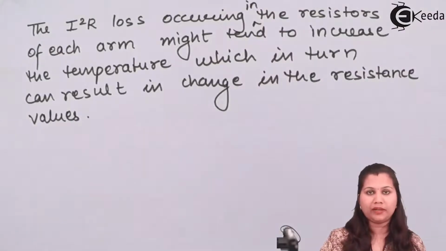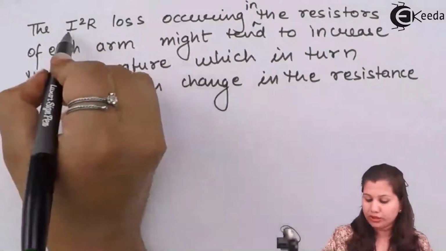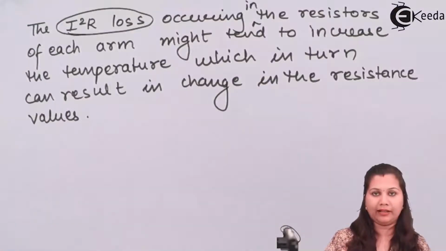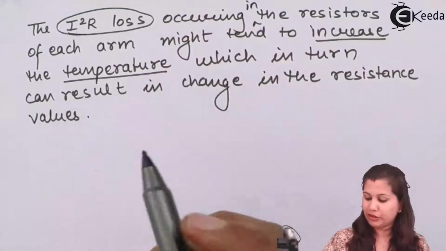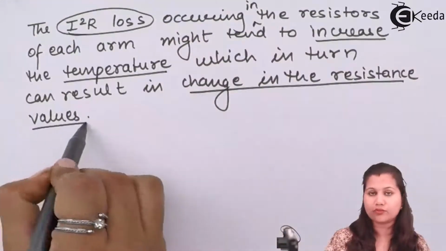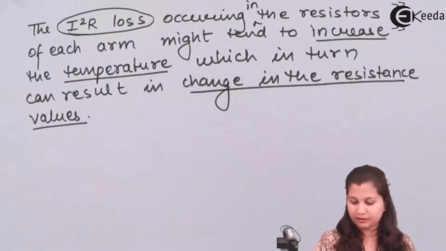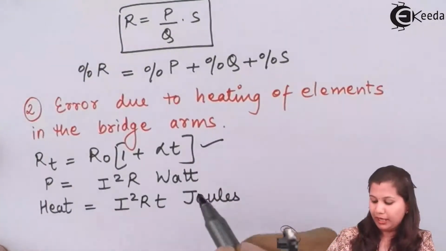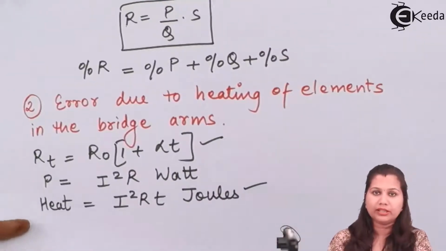Due to these I square R losses, that is the heat losses due to the heating up of the elements, the resistor values can change as the temperature increases. So due to that increase in temperature, there will be a change in the resistance values from the normal values. So when we measure the unknown resistance, we will have inaccuracy and error will occur. The change in resistance can be found through this formula, and the power losses or heat I square R losses can be found through these formulas.